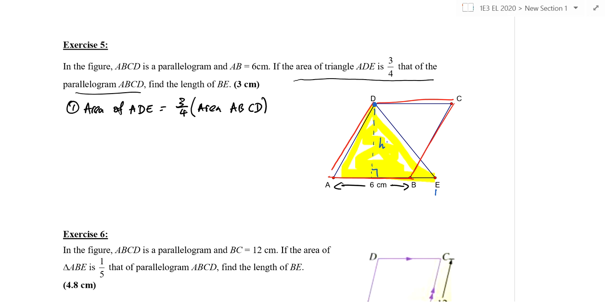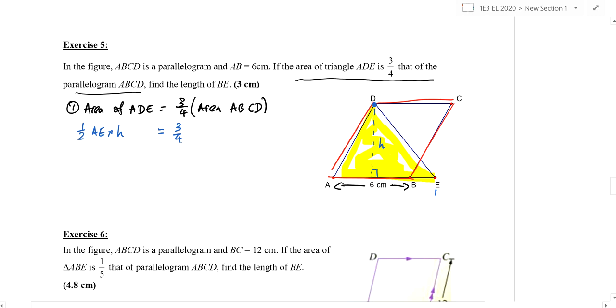This is actually quite a similar question to exercise 4. So moving on, let us write an expression for the area of triangle ADE. That would be half times the base, which is AE, times the height H. This is equal to 3/4 of the area of ABCD.